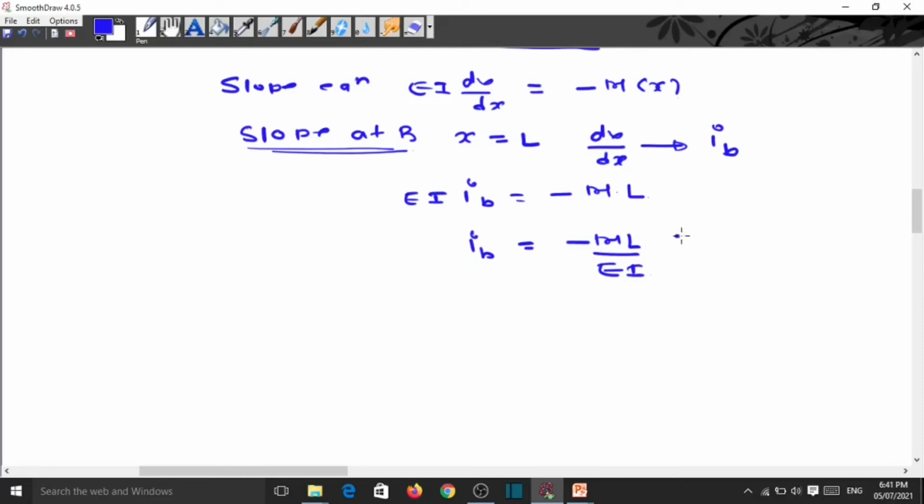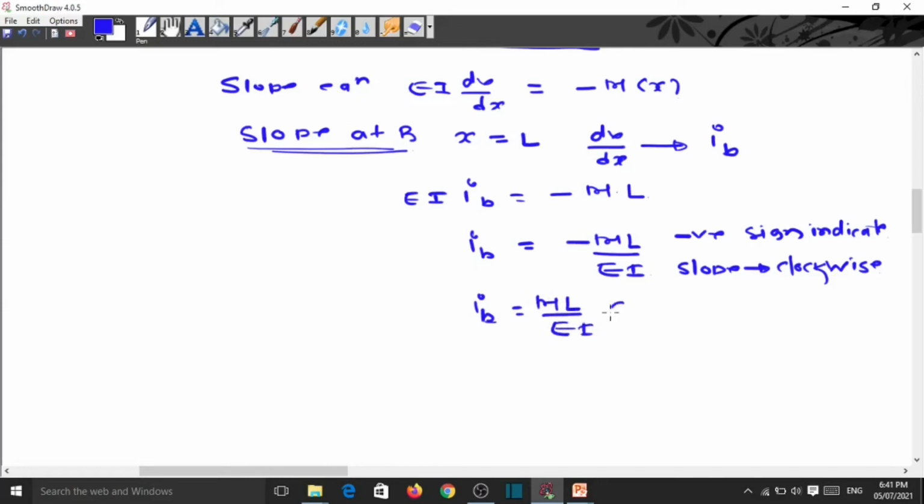Here this negative sign indicates this slope is clockwise. So we can say that theta B is equal to ML by EI, and this is clockwise.